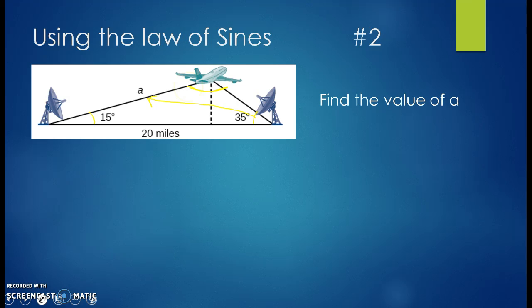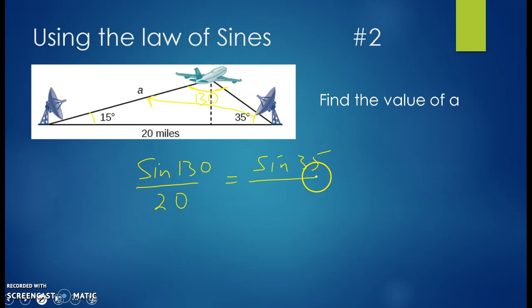I know that 15 plus 35 is 50, and so 180 minus 50 is 130. And so I can set this up by taking the sine of 130 degrees over its opposite side, which is 20, equals the sine of 35 degrees over its opposite side, which is A. Again, I'll cross multiply.